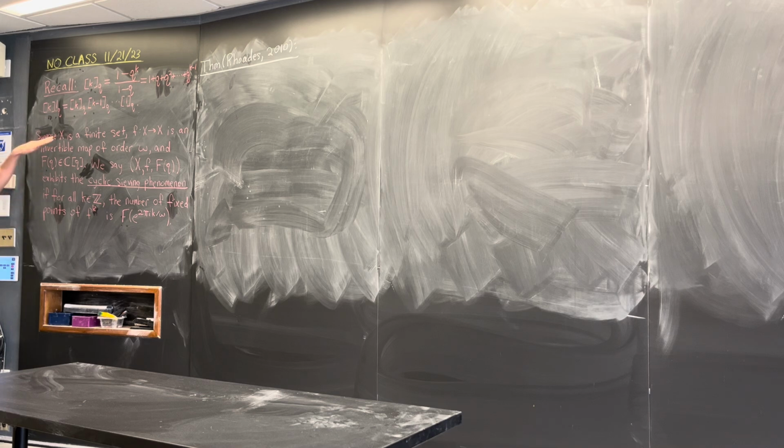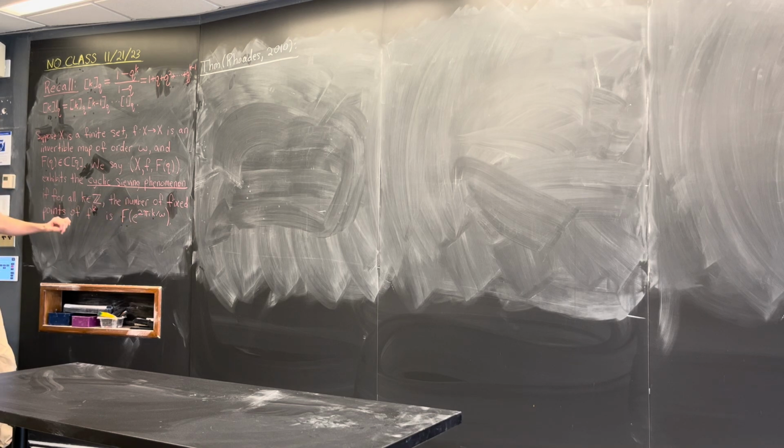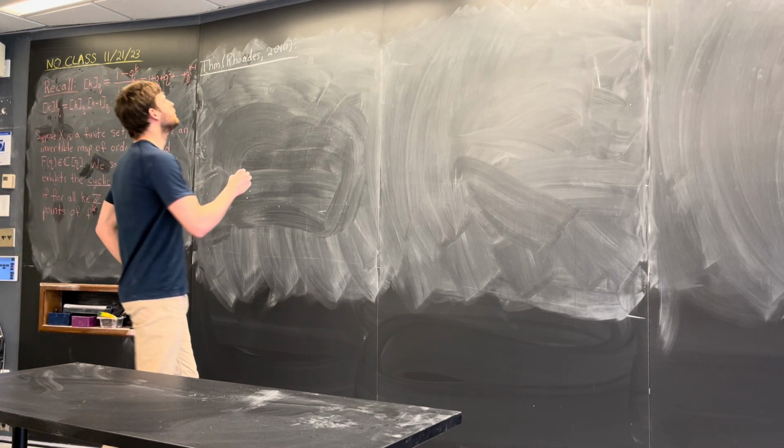You're right, it's going to be the size of the set X, because I'm just saying, you could say I'm setting k equals 0 here, so it's the number of fixed points of F to the 0, but F to the 0 is the identity map, and everything is fixed by the identity map, so that should be the number of elements of X. So you could think of capital F of q, this polynomial, as a q analog of the size of X.